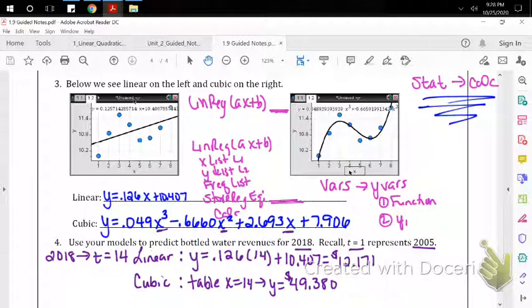All right, so here is the revenues of the bottled water in 2018 per different functions, different models. So which one's going to be more correct, do you think? Well, the data that we looked at looked cubic, and I agree that I think the cubic one would be more correct for that data, but remember, it goes up really quick. When you look back up at the table, make sure you got all this because I'm about to erase it.